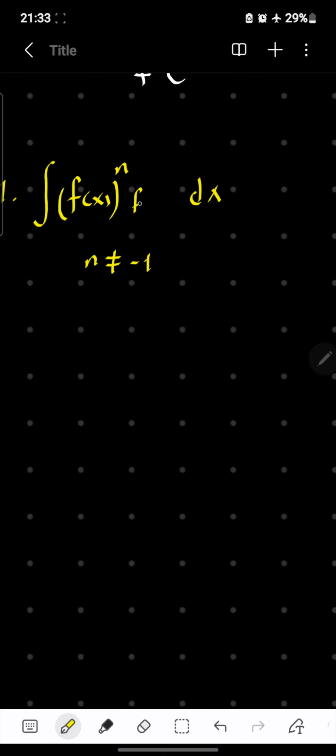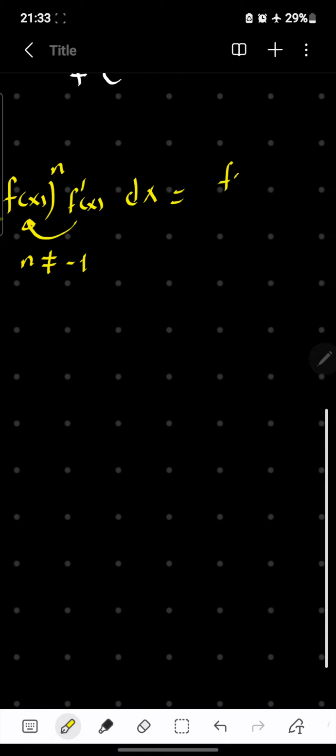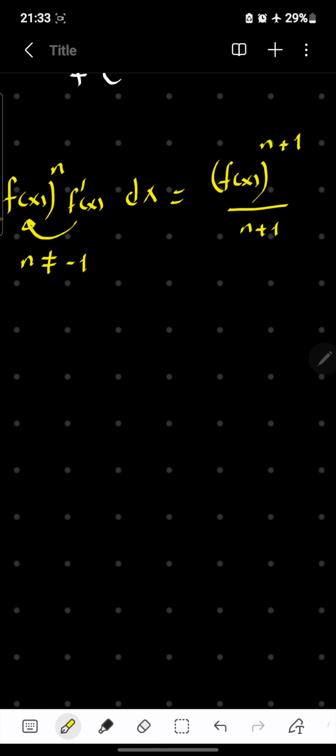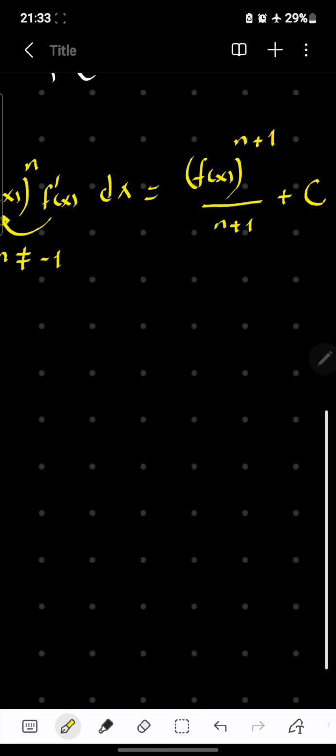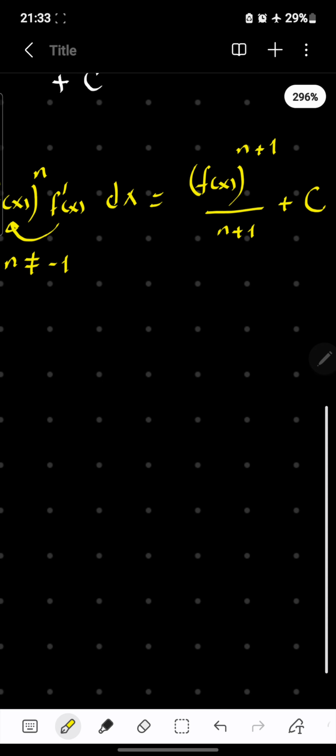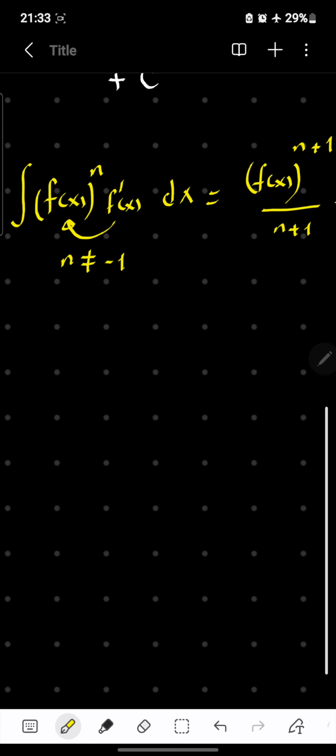Here we have the derivative of the inside function. So this gives us f of x to the power n plus 1. You raise the power by 1 and divide by the new power, which is n plus 1, and don't forget to add c. So this is the first antiderivative rule.